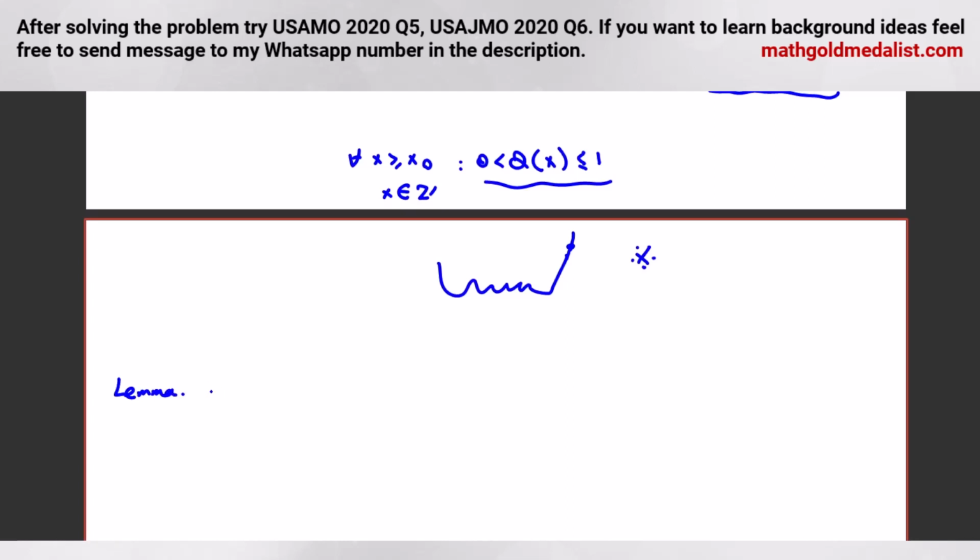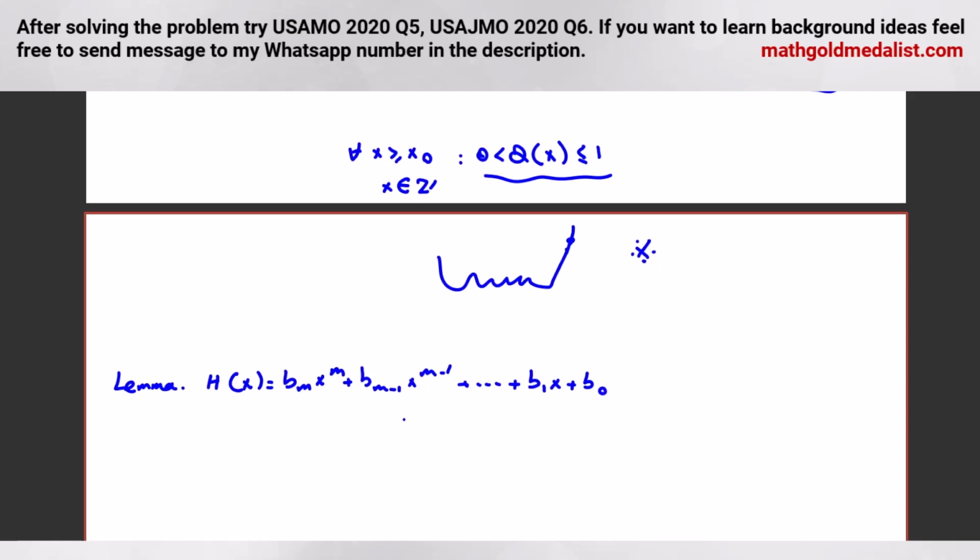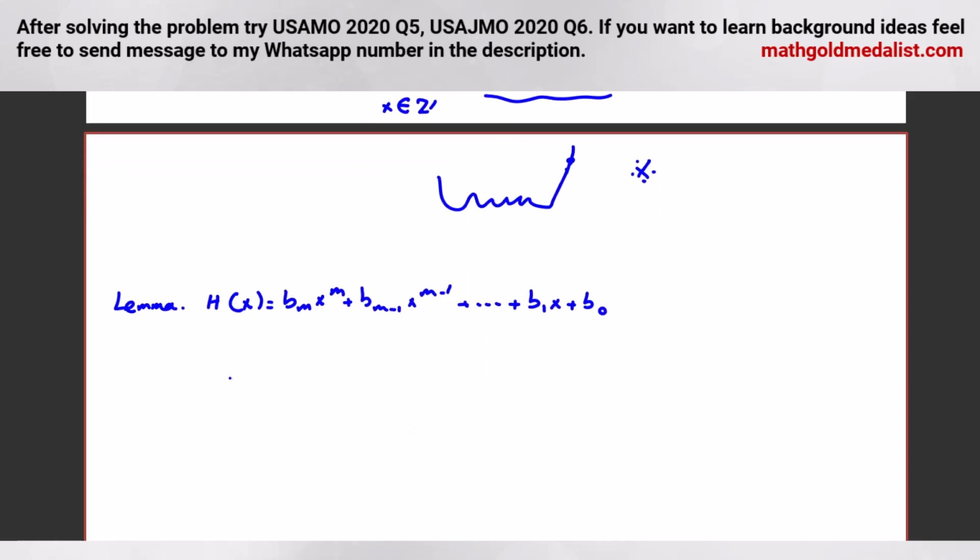Suppose, for example, q of x is bm xm plus bm minus 1 xm minus 1, and so on, down to b1 x plus b0, and I want to say that when x goes to infinity, h of x goes to positive infinity or negative infinity, right?